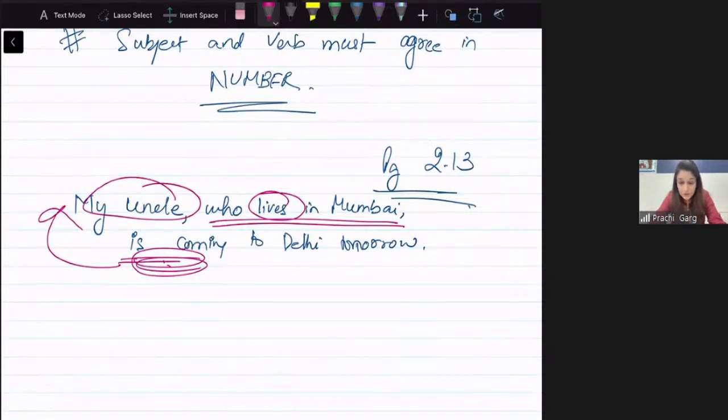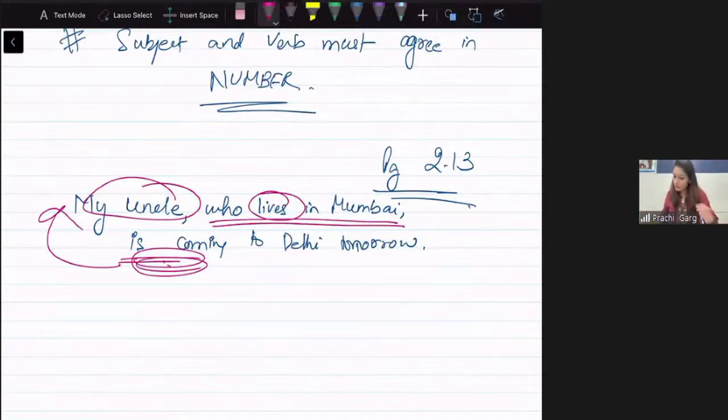Tanu, very good. Most of you have understood now. If you have understood these two important rules, then I'll move ahead. Okay, great. Many of you have said that you have understood.